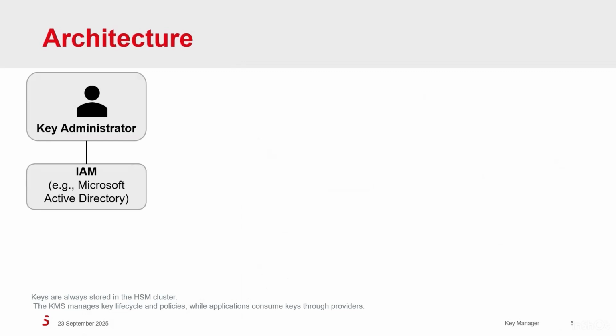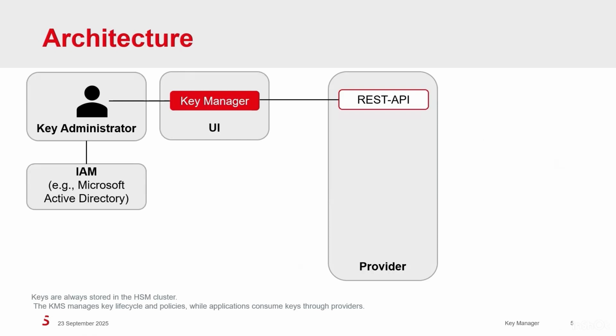So an authenticated user logs in, authenticates against the key manager user interface in the browser, which is integrating into the REST API, knowing our provider concept. We saw that in the morning a little bit. PKCS11 has a provider which is embedded in the application. With REST API, we have it as a service or as an endpoint directly.